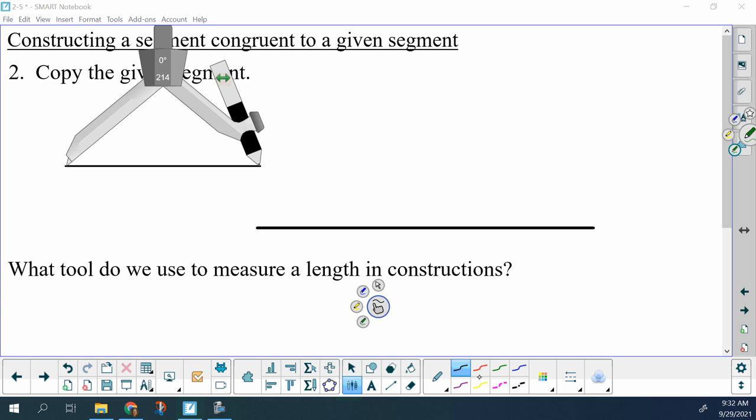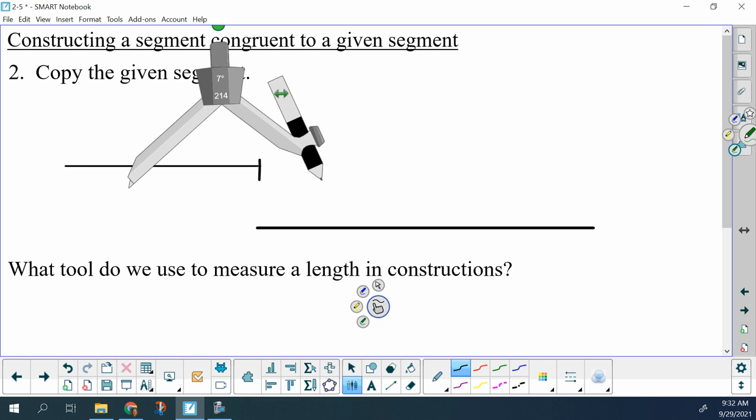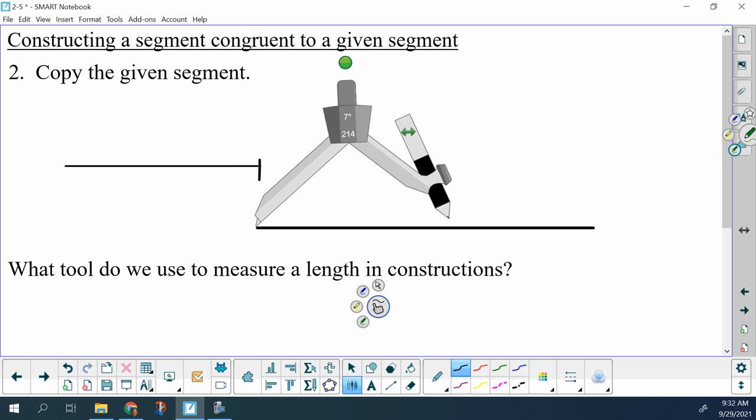You don't have to, but if you want to remind yourself, make a tiny little arc. So swing the compass just a little bit, just to remind yourself that you measured it. Now take your compass, put it on one end of your long line segment. And how am I going to know how long it has to go?